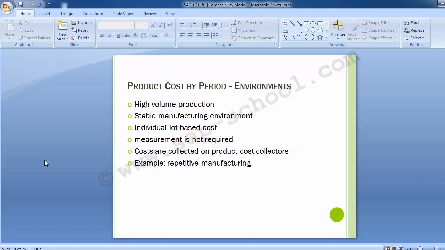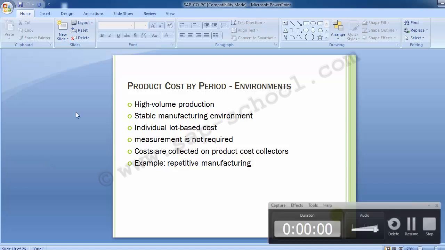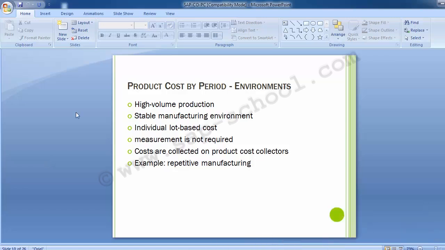So let's see each of the different types of cost object controlling one by one. Product cost by period is used in environments where the manufacturing concern has higher volume production, a stable manufacturing environment, individual lot based cost measurement is not required, and costs are collected on product cost collectors.